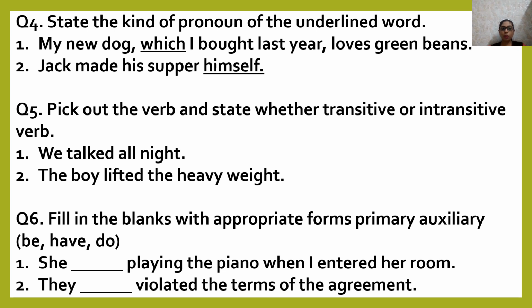So you have to fill in the blanks with appropriate forms of primary auxiliary. Question 1. She dash playing the piano when I entered her room. Second sentence. They dash violated the terms of the agreement.